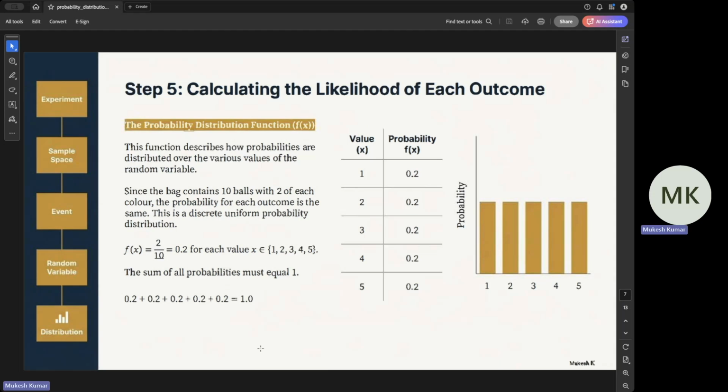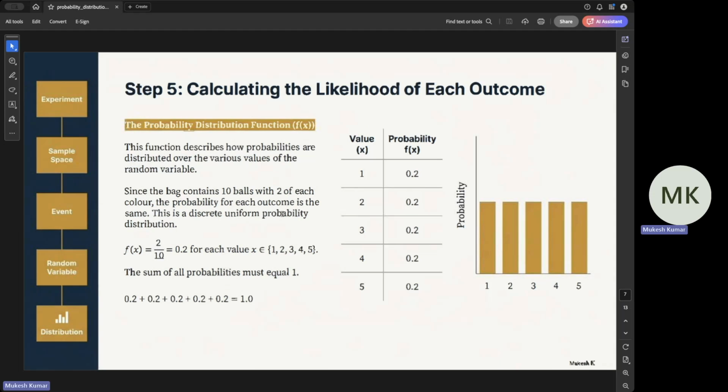Now we come to the concept of the probability distribution function. The probability distribution function describes how the probabilities are distributed over the various values of the random variable or the sample space. Since the bag contains 10 balls with 2 of each color, the probability of each outcome is the same.